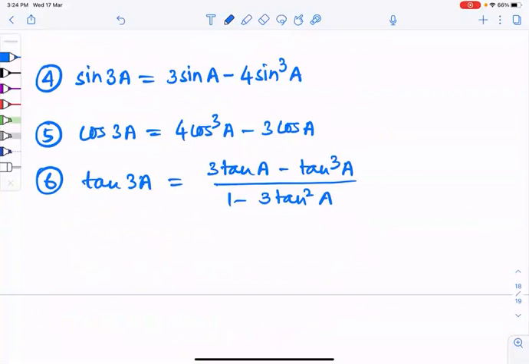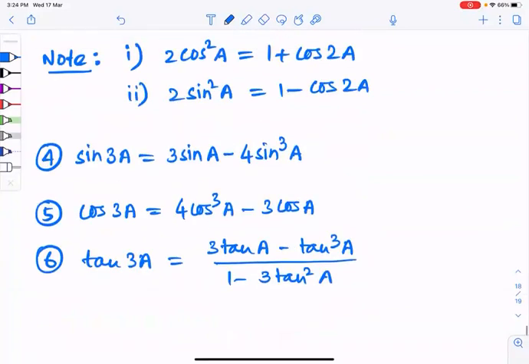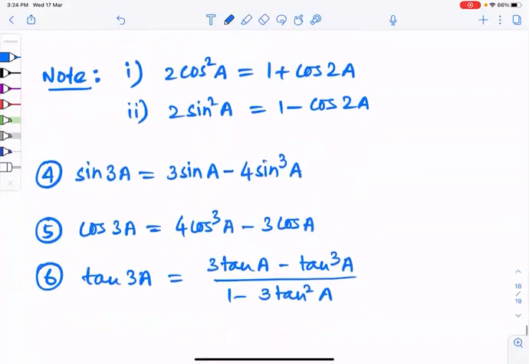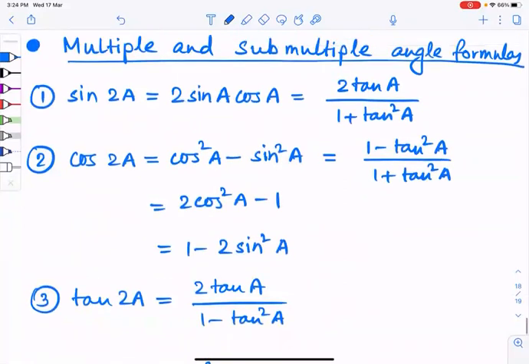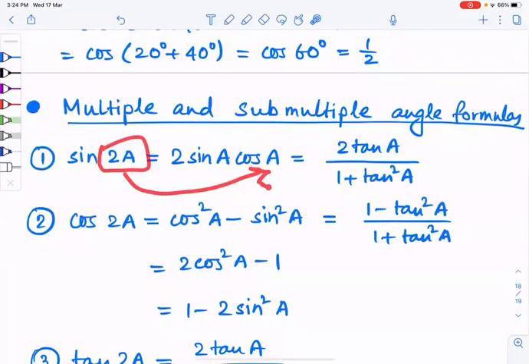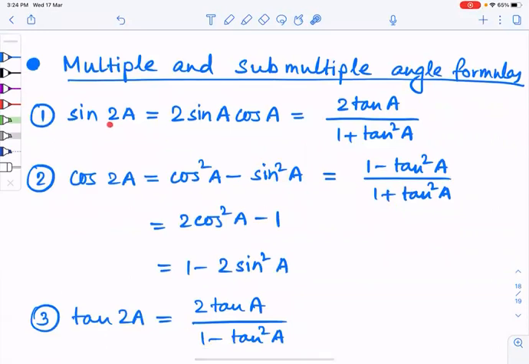What is submultiple angle formula? Multiple angle formula means expressing 2a in terms of a. Submultiple angle formula means expressing a in terms of a by 2. Say, instead of writing 2a here, if I just write A, what will happen? The angle will become half. So I will get A by 2 here, and A by 2 here.